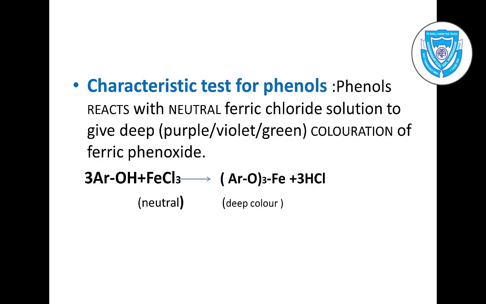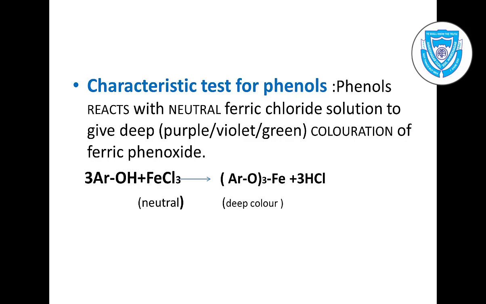Phenols react with neutral ferric chloride solution and give a deep violet coloration of ferric phenoxide, and HCl is given out. This is a distinguishing test where we can identify that the given compound is phenol.